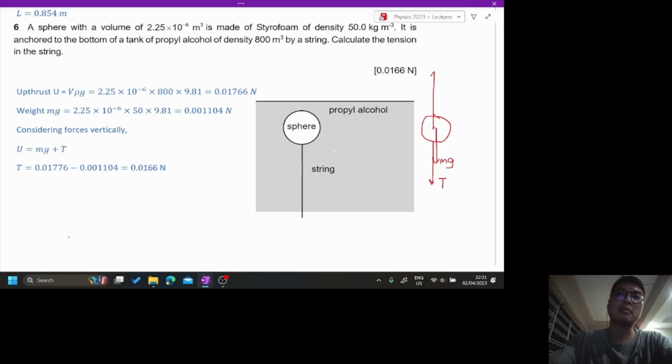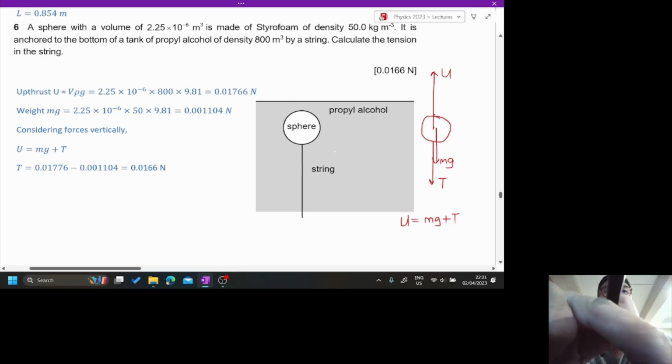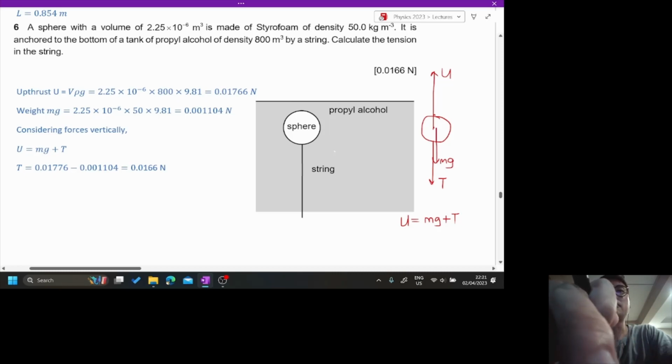The upthrust force will be equal to the weight plus the tension. So we know that upthrust is equal to mg plus T. Okay, so how shall we fill in all the details? The upthrust U is equal to V rho g. So we fill in the volume of the sphere, the density of the alcohol, and gravity.